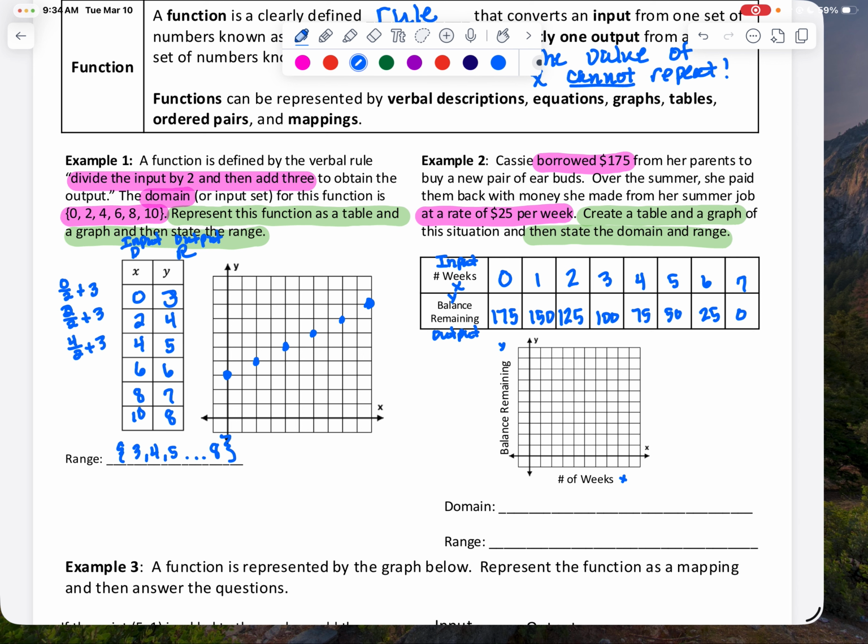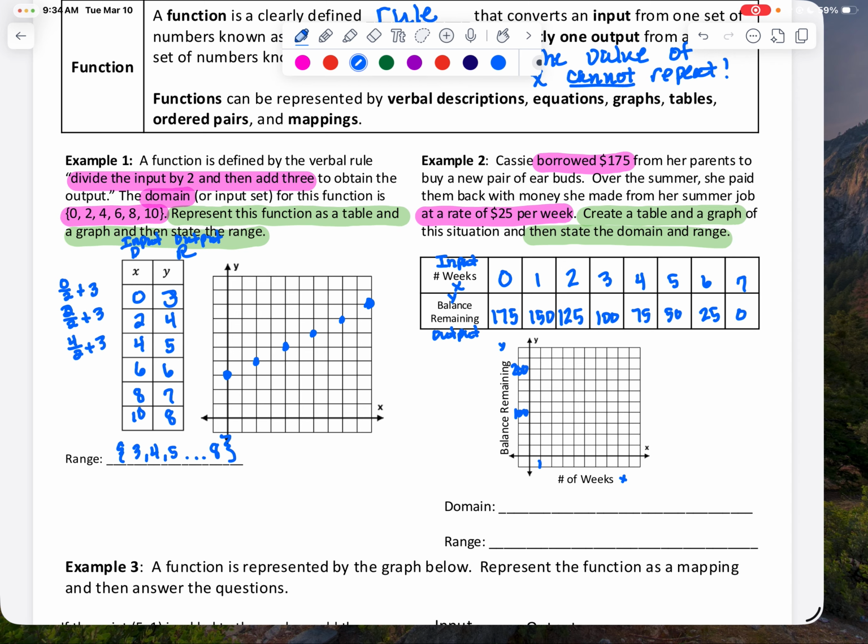So I'm going to try to scale this graph by 25s. I'm not going to write all of them because I don't really have room. So 25, 50, 75. So this would be 100. 25, 50, 75. This would be 200. So each little tick mark is going to be worth 25 units. And on the x-axis, I'm just going to scale that by ones.